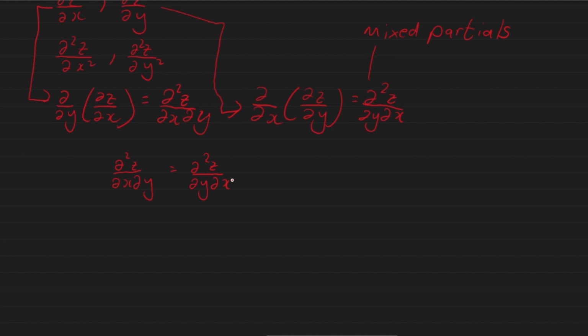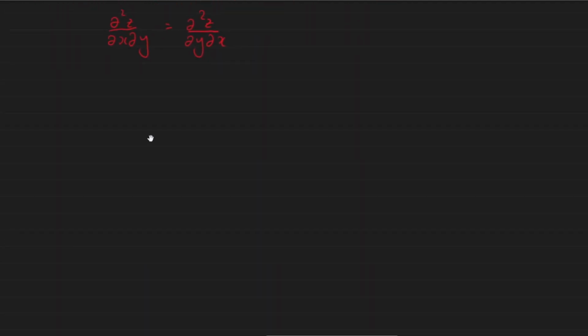In terms of an example, we could look at z is equal to x squared plus y squared. The derivative of z with respect to x is simply 2x. We treat y as a constant, and the derivative of a constant is equal to 0.